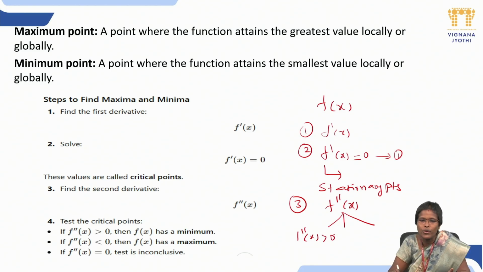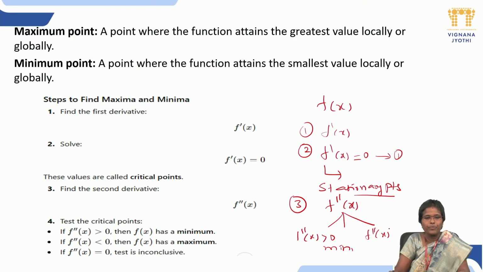If the value is positive, then the function has a minimum. If the second derivative is negative, the function has a maximum.